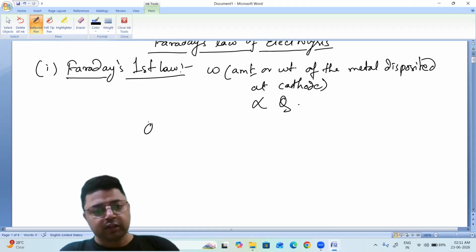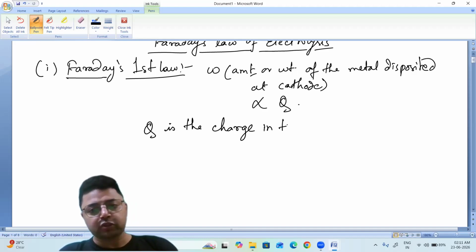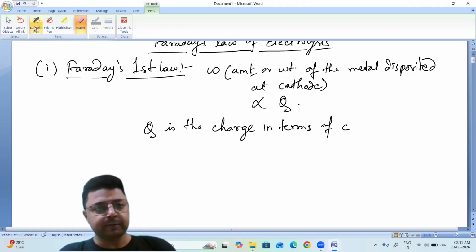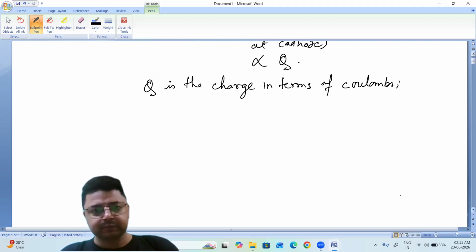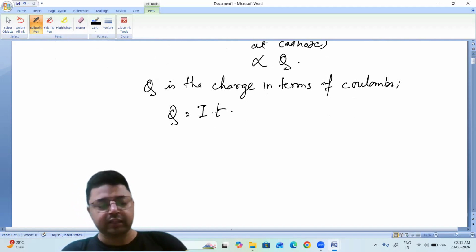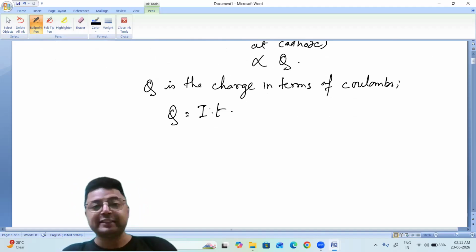And Q is the charge, in terms of coulombs. Accordingly, we can say Q equals I into T. That means the amount of current passed per unit time in seconds.